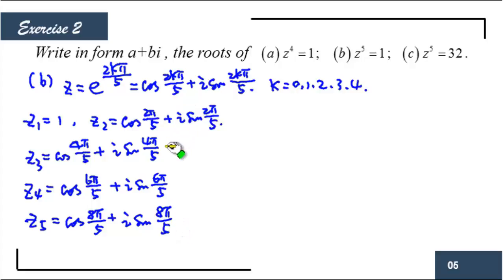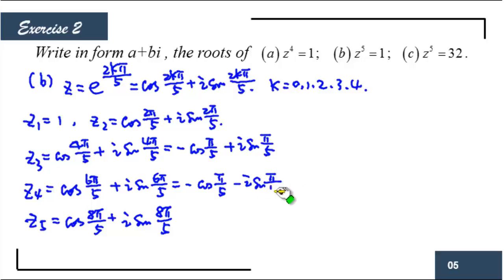If you want to do some simplification, that means minus cosine π over 5 plus i sine π over 5. This one is minus cosine π over 5 minus i sine π over 5. The last one is cosine 2π over 5 minus i sine 2π over 5.